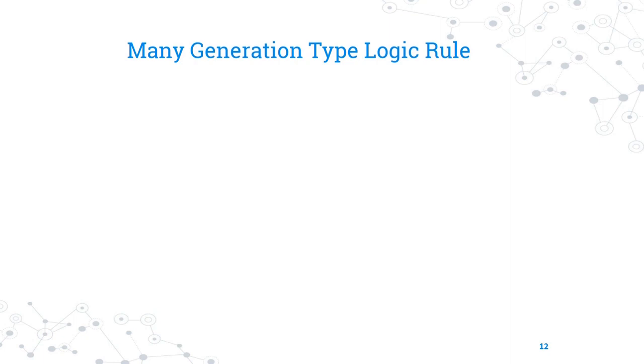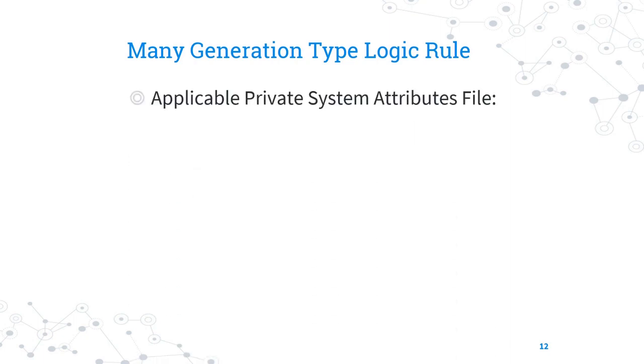We also add an additional private system attribute which is only applicable to this many generation type. That one is PRV_SYS_JAVA_PACKAGE.